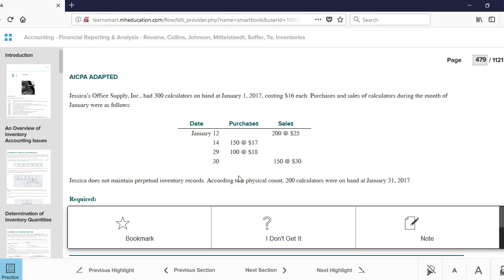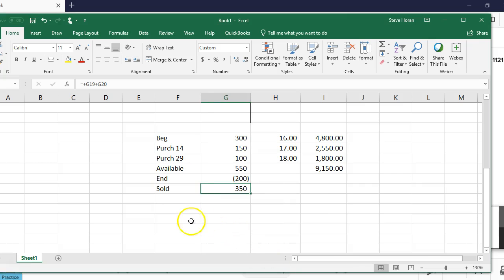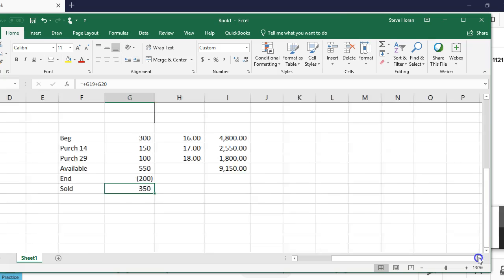So what would be left over then is the last two batches, basically the 100 items at 18, and the 100 of the 150 at 17 is what's left over. So let's do the FIFO, and I think I'll just move over to the right and do that.